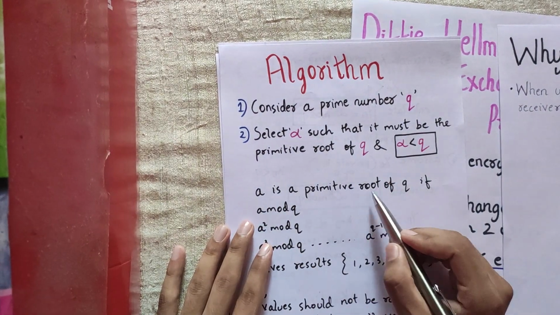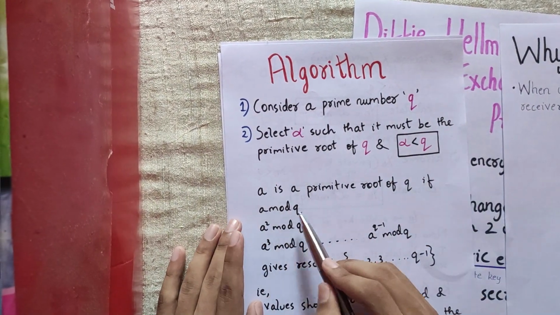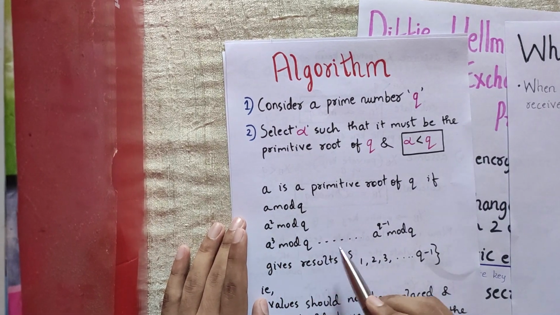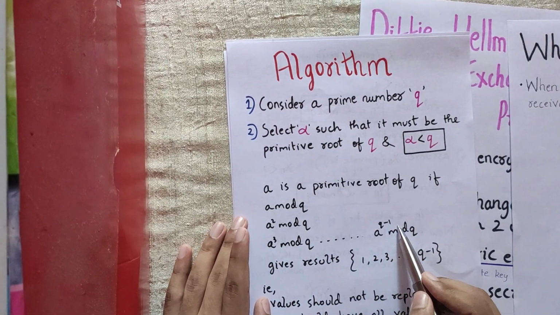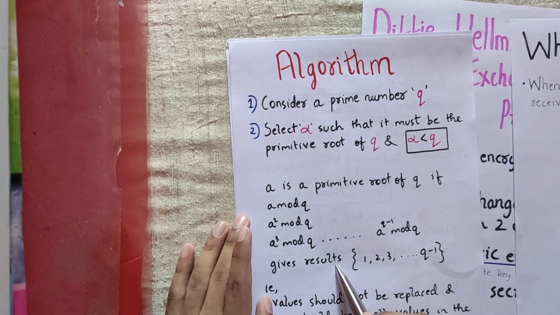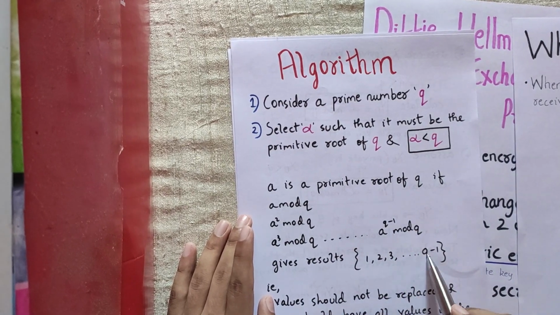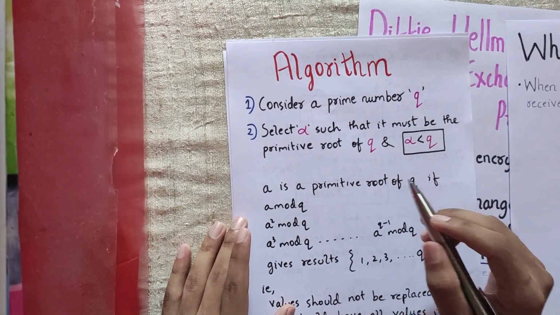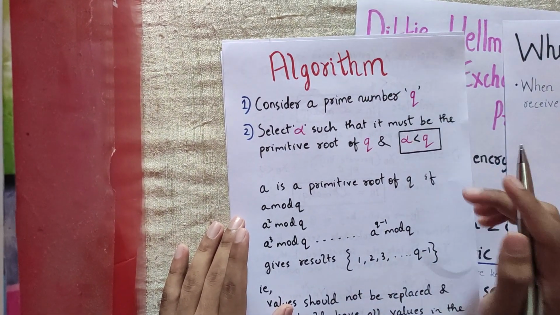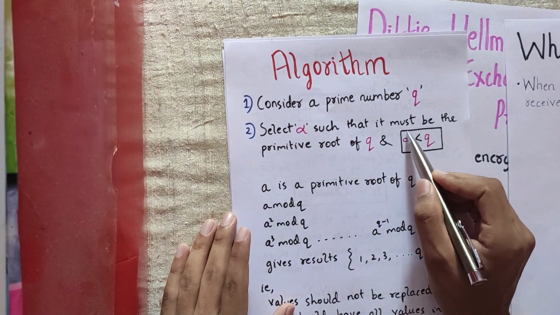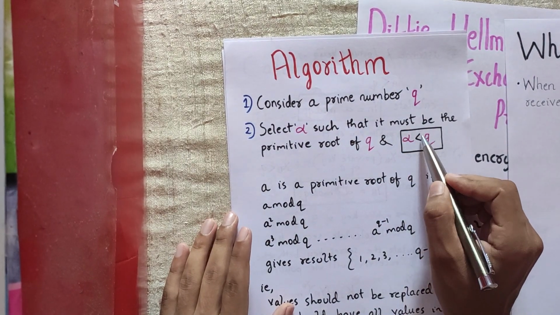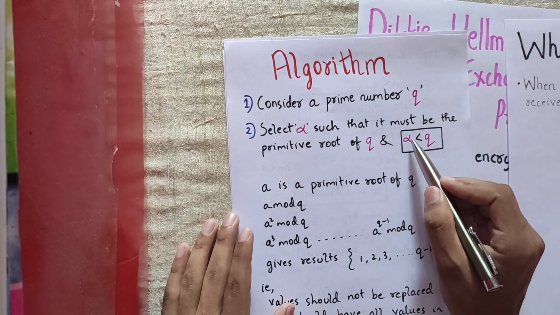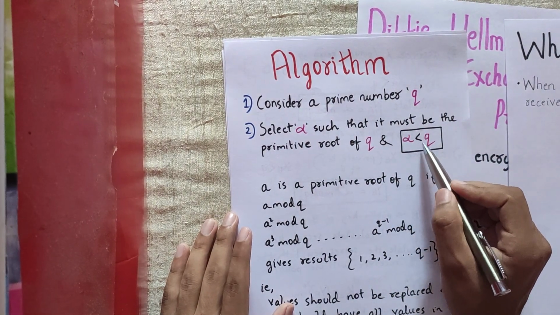A is a primitive root of q if a mod q, a raised to 2 mod q, a raised to 3, and so on, up to a raised to q minus 1 mod q gives the results 1, 2, 3, up to q minus 1. There is also one condition: alpha must be less than q, the prime number that we are taking.